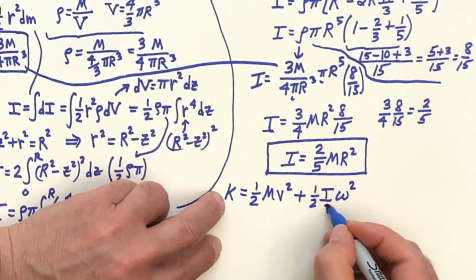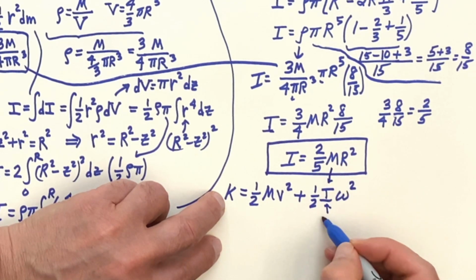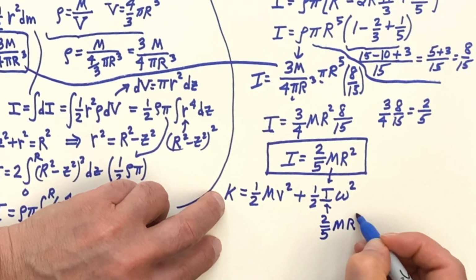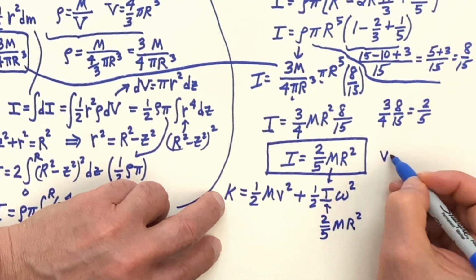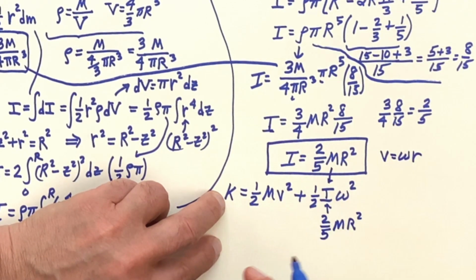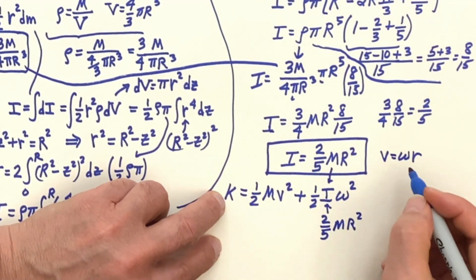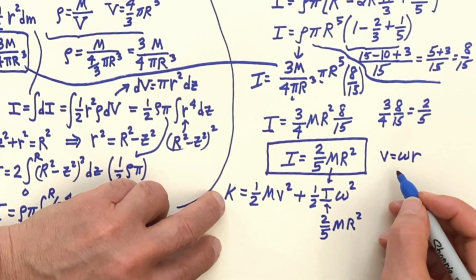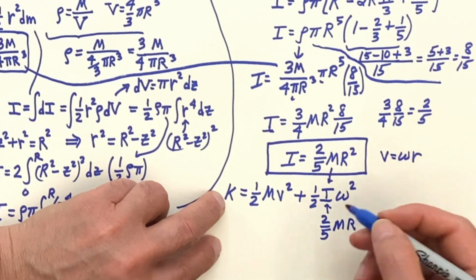Now we can put in for the I the 2/5 m r squared. And remember, v is omega r. That's how rolling relates to angular motion, in other words, your translational motion.